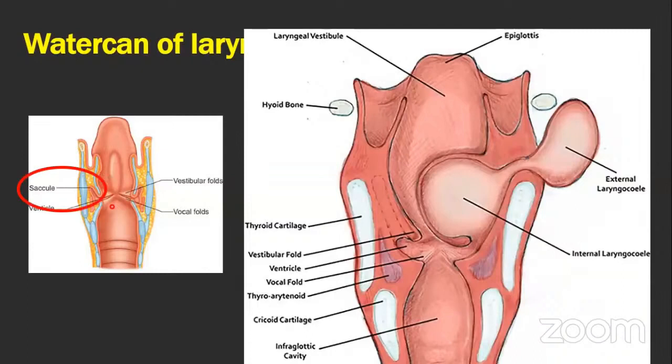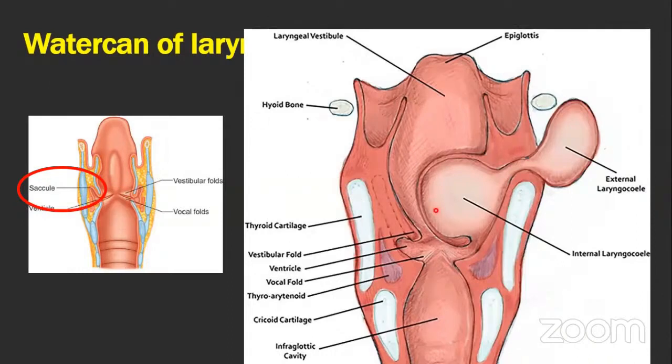What is the main purpose of these mucous glands? Mucous glands will lubricate the vocal cords. So the water can of larynx is the saccule because it has plenty of mucous glands, and their main purpose is to lubricate the vocal cords. That is why it is called the water can of larynx.